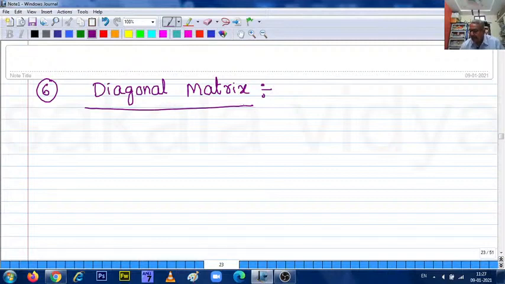Anybody? A diagonal matrix is absolutely a square matrix only, where all the elements of a square matrix are zeros except in the principal diagonal. That means only the principal diagonal elements are present, and the rest of the elements are zeros. Then that is called a diagonal matrix.